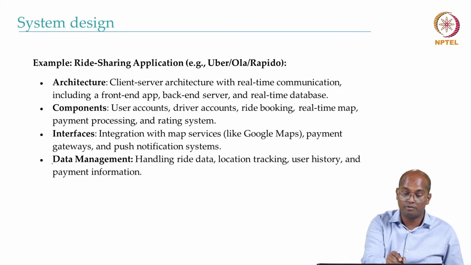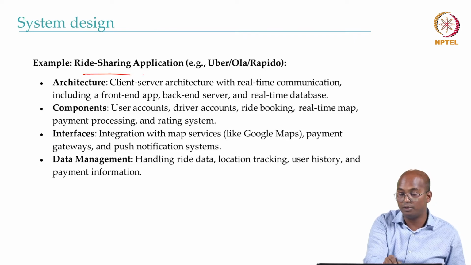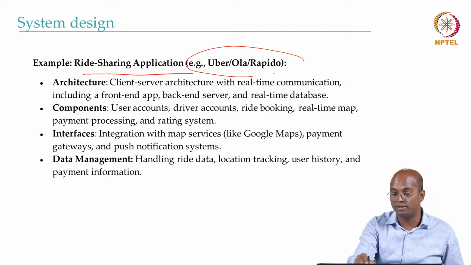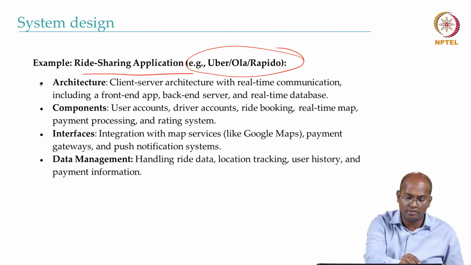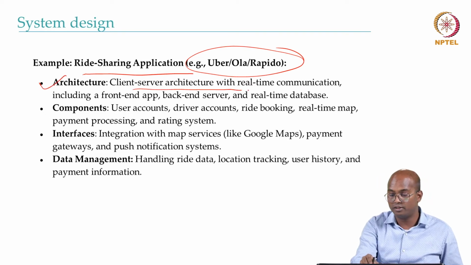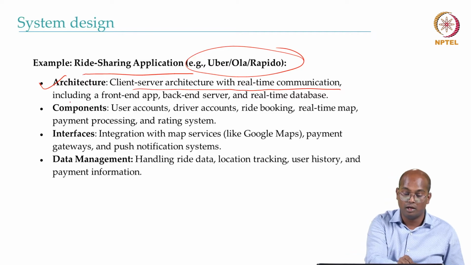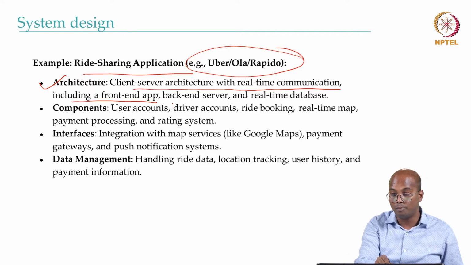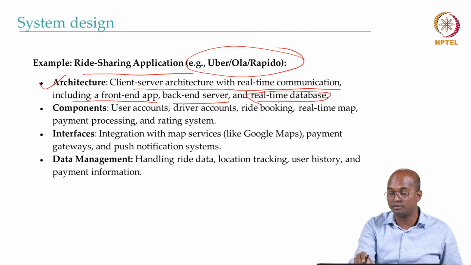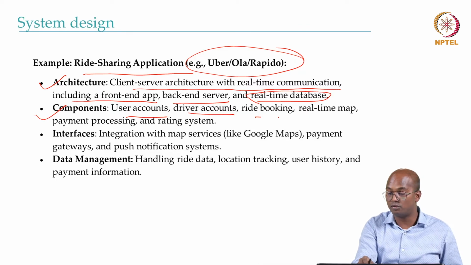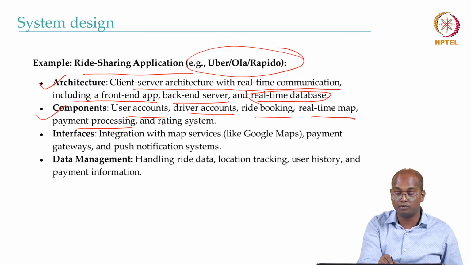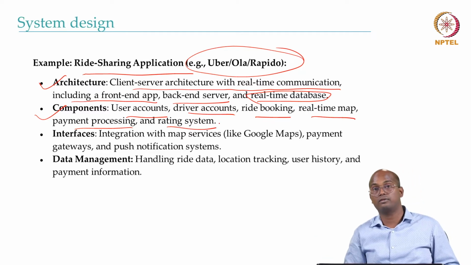An example of system design is a ride-sharing application, our favorite example, Uber, Ola, and Rapido. So the architecture has a client-server architecture with real-time communication, including a front-end app, backend server, and real-time database. The components include user accounts, driver accounts, ride booking, real-time map, payment processing, rating system, and many others.